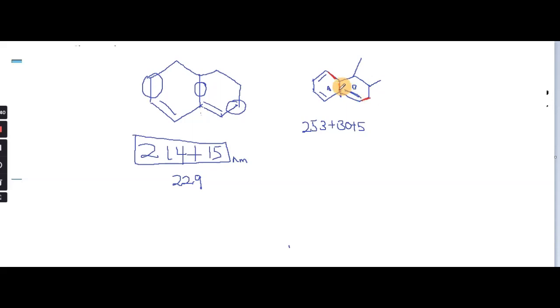So we have 3 ring residues or acyl groups bonded to the conjugation, so we add plus 15.